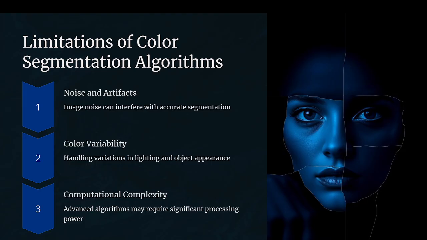However, changing light conditions, shadows, or weather can interfere with its effectiveness. Have you ever used a photo editing app that struggled to detect the edges of an image? This is a practical example of segmentation challenges.